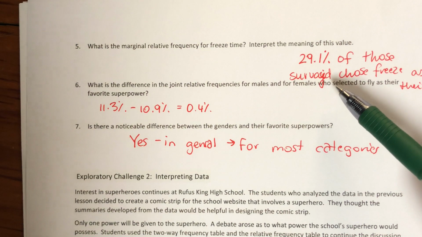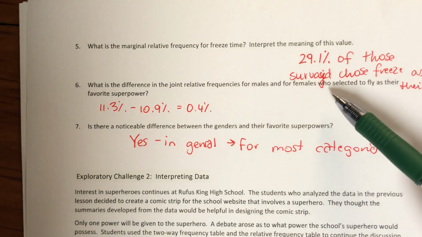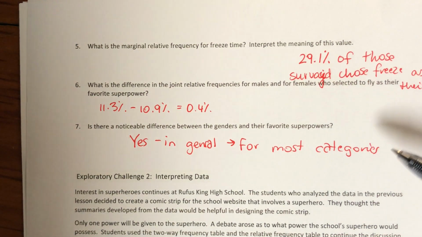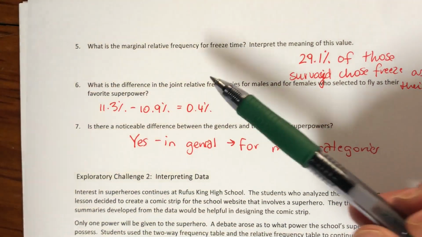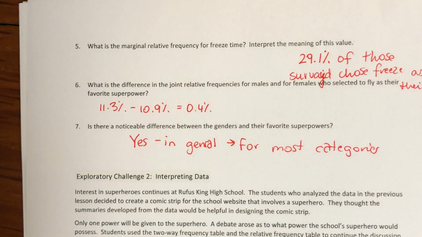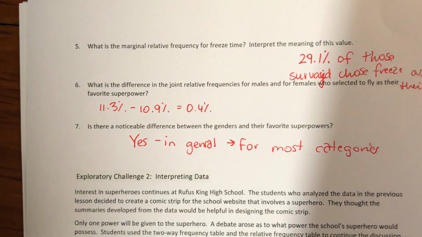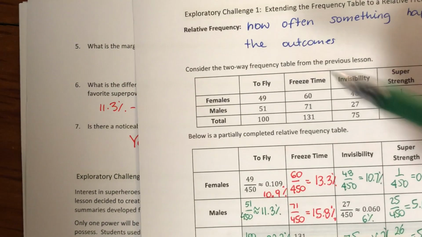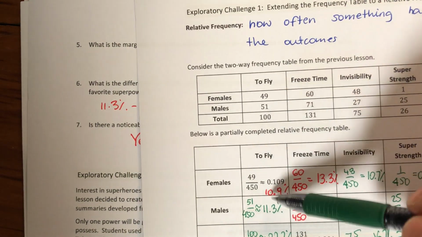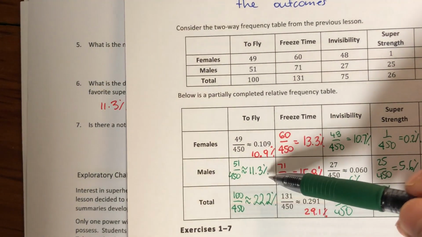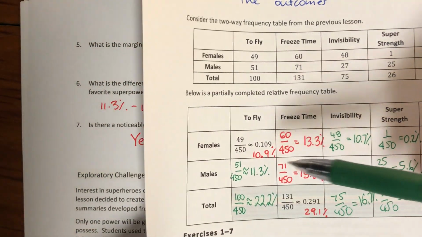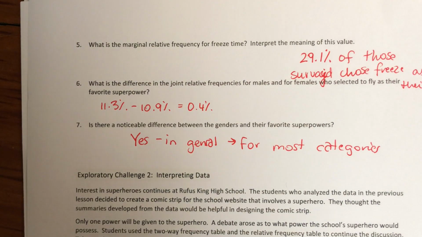So 29.1% of those that were surveyed chose freeze as their favorite superpower. And what is the difference in joint relative frequency for males and females who selected fly as their superpower? So here's the fly, and I did 11.3 minus 10.9, and you will get 0.4%.